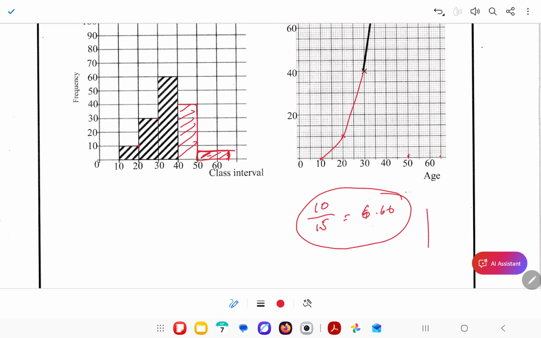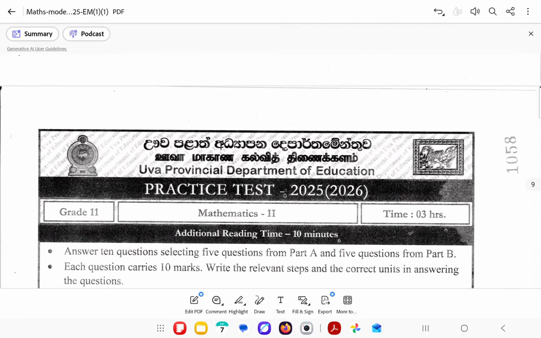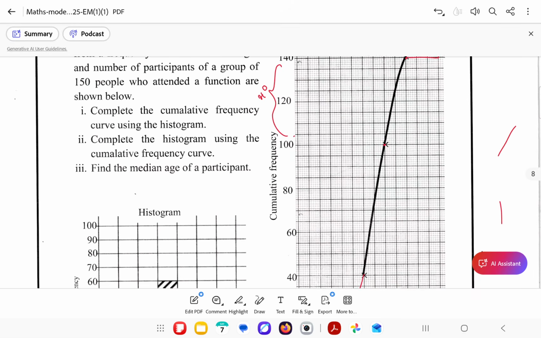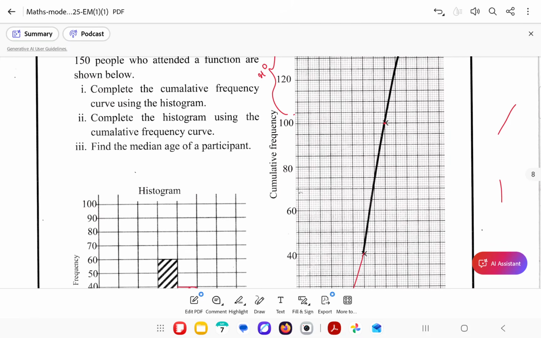This is 1.5 times the normal length. The normal length is 10, this is 15, so the height is 2/3 there. Okay, so that is the first paper. Then in the next video we'll look at the second paper.